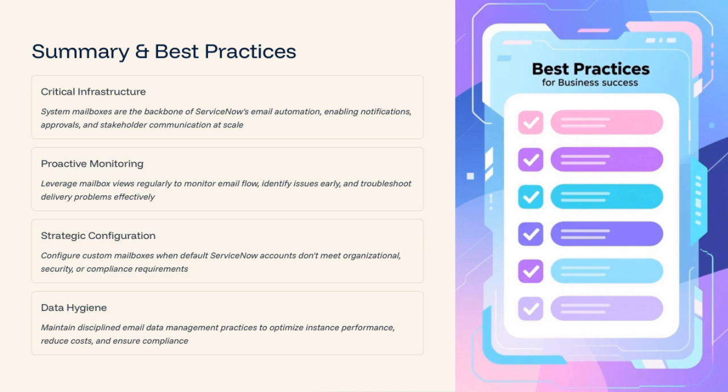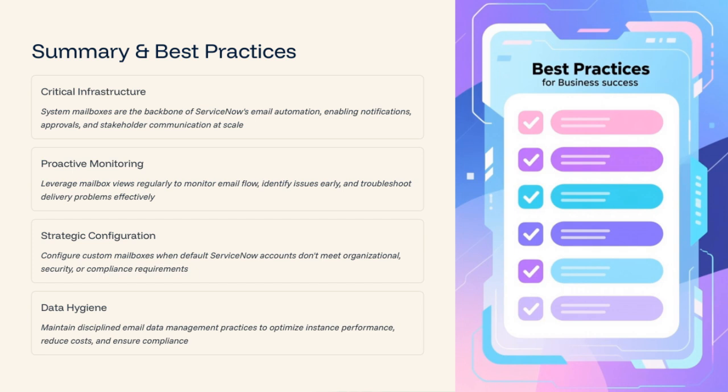Strategic configuration also involves leveraging mailbox views on a regular basis. Monitoring email flow helps us catch issues early, troubleshoot delivery problems effectively, and keep communications seamless across the board. And let's not forget, system mailboxes are truly the backbone of ServiceNow's email automation.